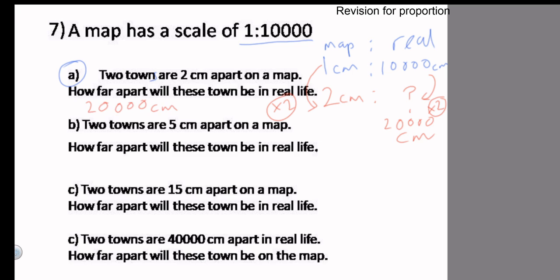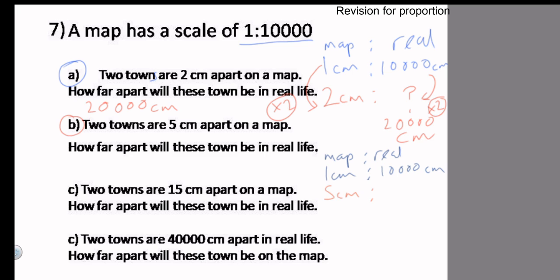Right, question B. Let me just write the ratio again. This time, question B. Right, this time 2 towns are 5 centimeters apart on a map.